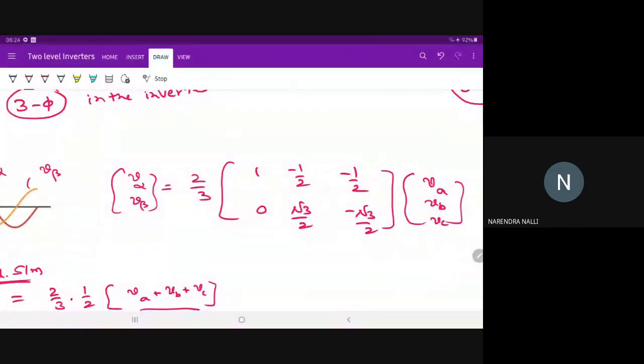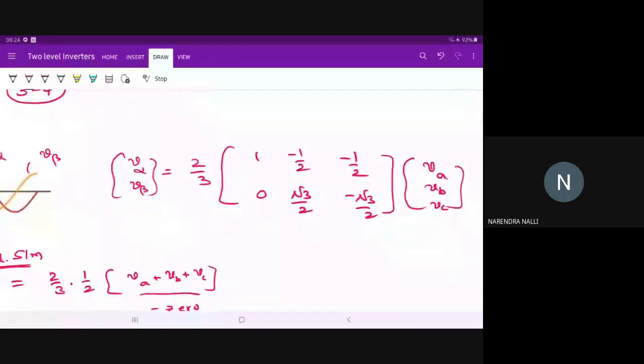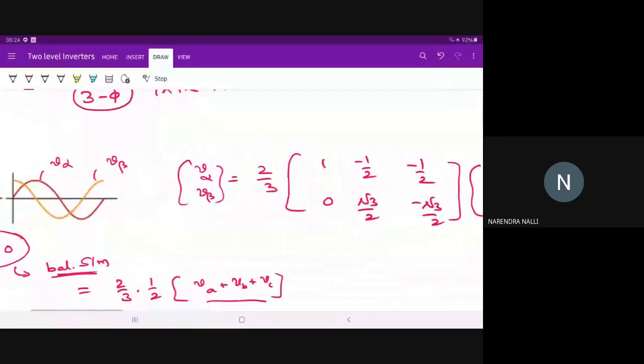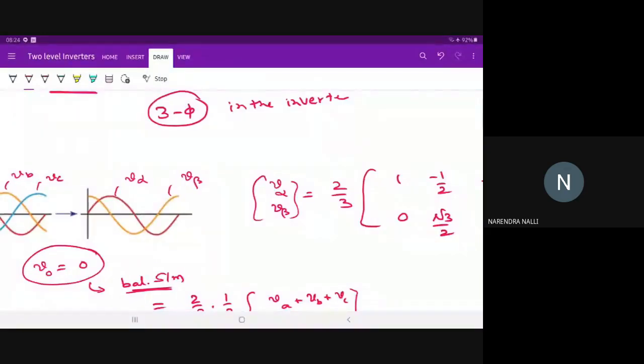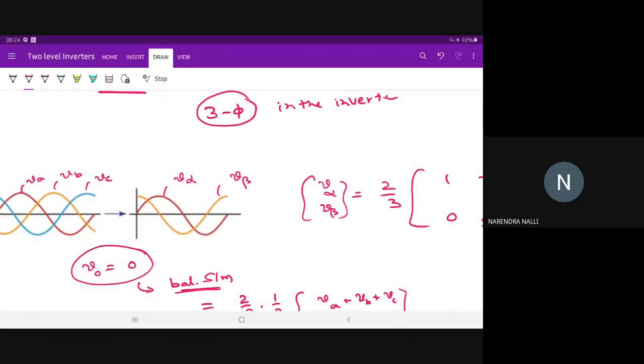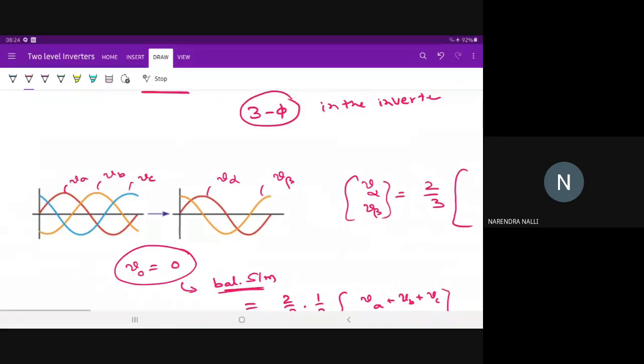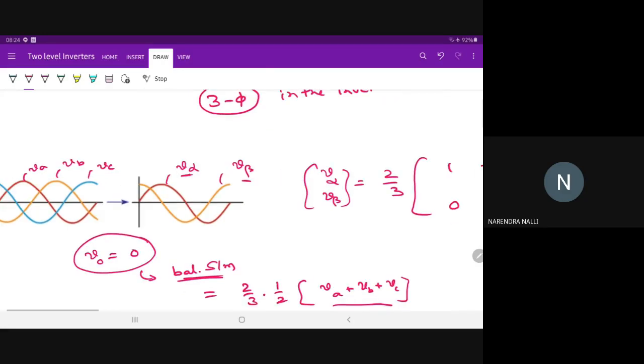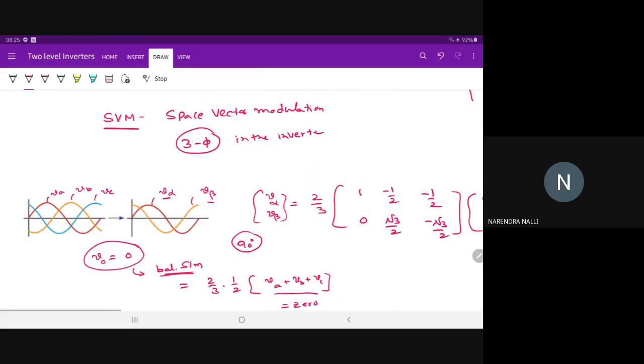Clear? So this is the ABC to alpha beta reference frame, derived by Clarke. So this is V alpha and this is V beta. This is the 3-phase to 2-phase conversion. The angle between V alpha and V beta is 90 degrees. Clear?